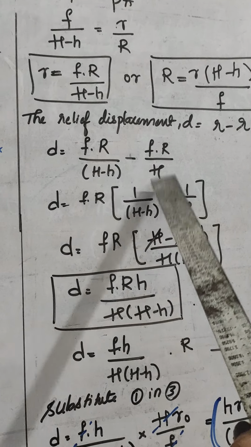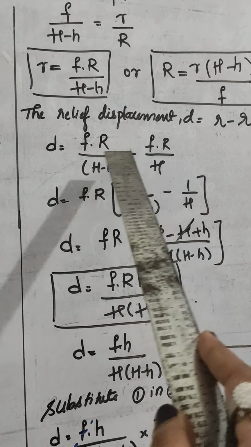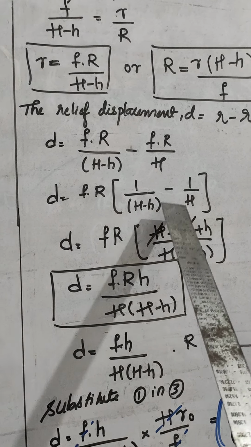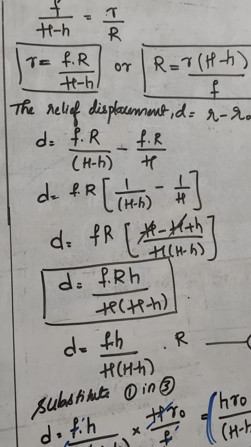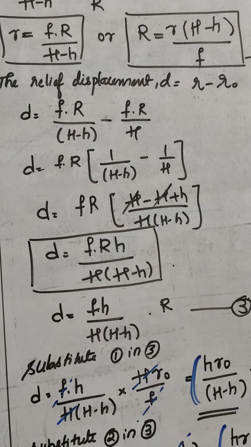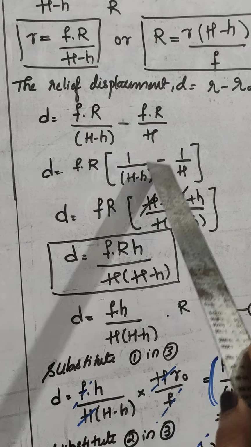When we substitute here, from this equation we take f r common. When we take f r common, the remaining portion is 1 divided by small h minus 1 by capital H. Take this at the top and this also at the top.